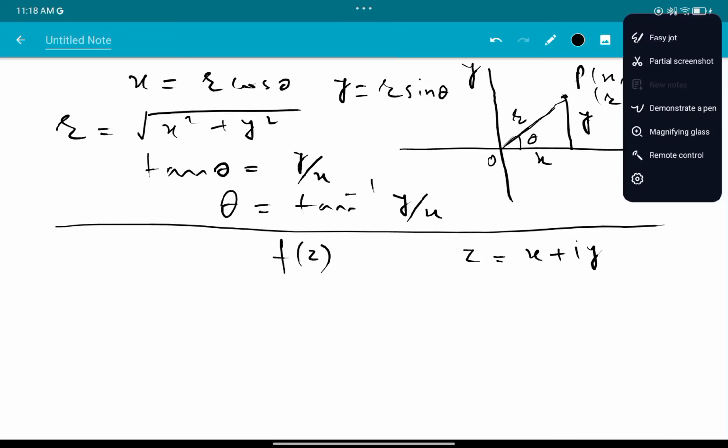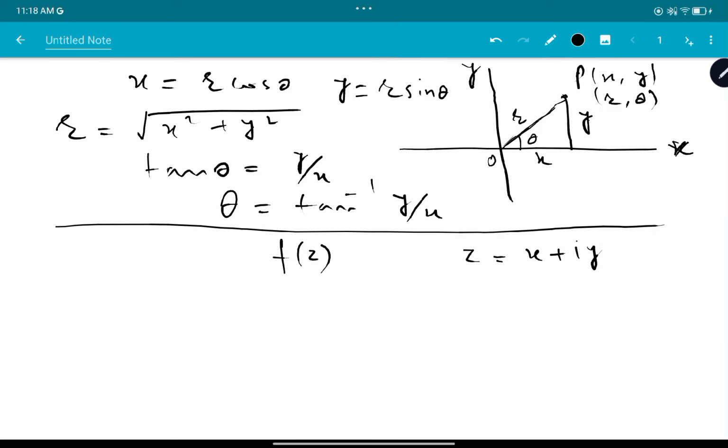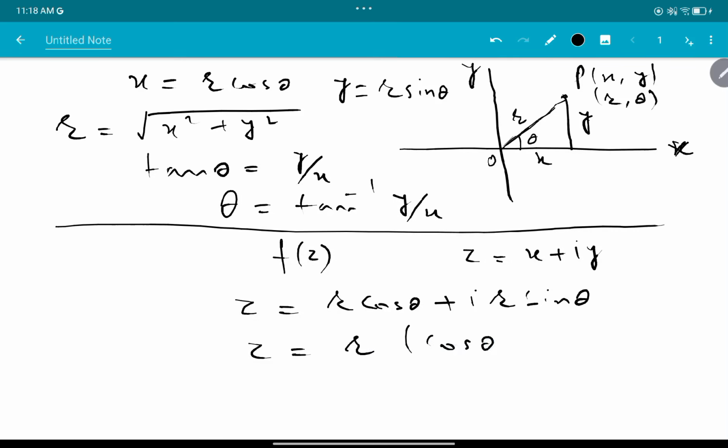Instead of writing it as x plus iy, we can express it in polar coordinates. As we have seen, x is equal to r cos theta, y is equal to r sin theta, so z is equal to, taking r common, r times cos theta plus i sin theta.